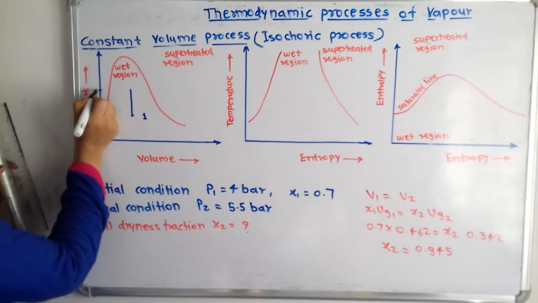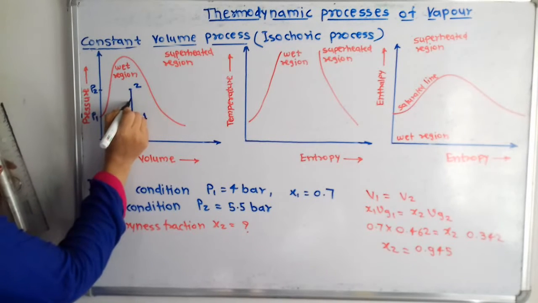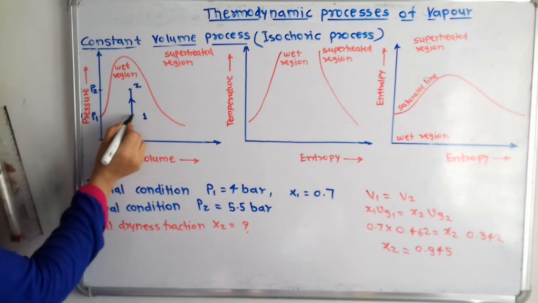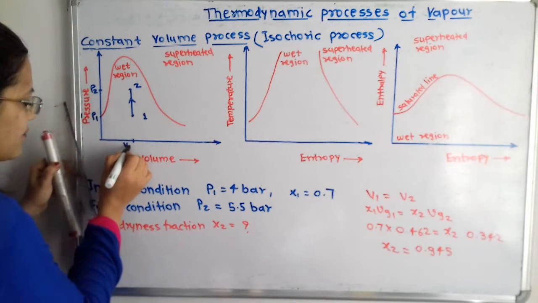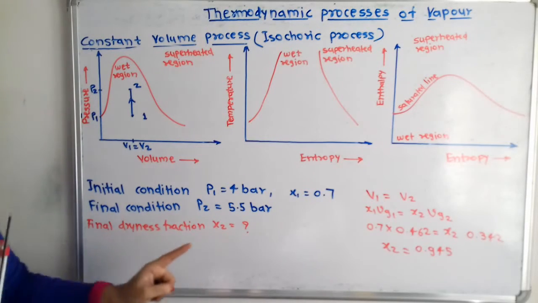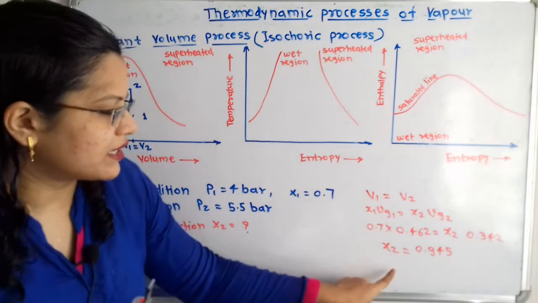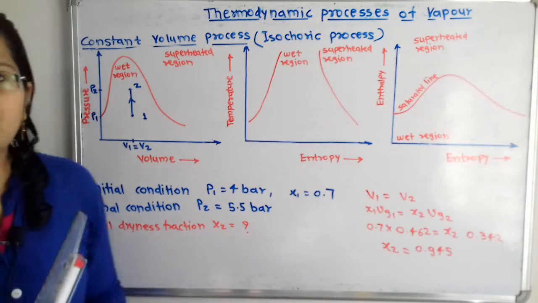So here I will say here is P2. So this will be the point 2. Now we have to show arrow also. So this is the arrow from point 1 towards 2. And at this point here we can say V1 is equal to V2. And because x1 and x2 are there, so we have to show this vertical line inside the wet region.